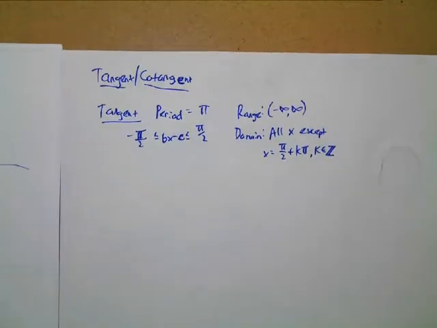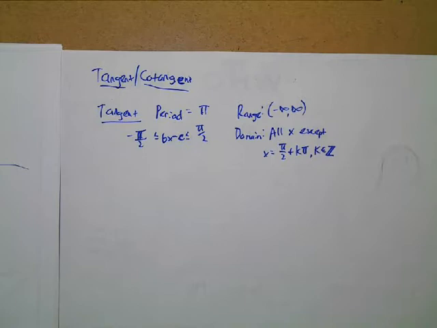Okay. So let me show you a little sketch here of tangent. So I'm going to draw my x-axis. I'm going to draw two full periods for us here. So here we'll say negative pi over 2. Here we'll say pi over 2.